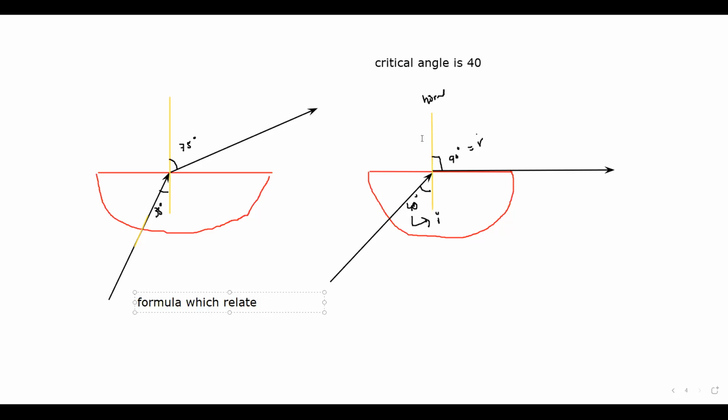The critical angle is not necessarily always 40, but normally it is in the range of 42, 41 for glasses which we use in the lab. Most of these glasses have a critical angle around 42, but it's not a fixed number. It varies with different glasses.